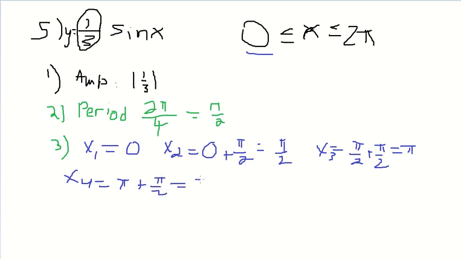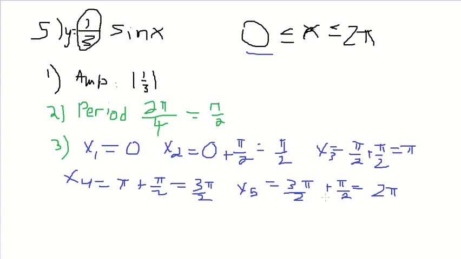That gives us 3 pi over 2. Last point that we're going to get is x5, which is 3 pi over 2 plus pi over 2, which is equal to 2 pi.